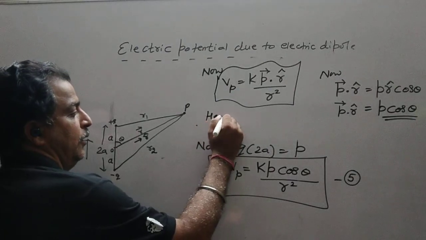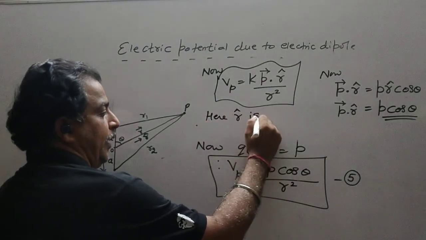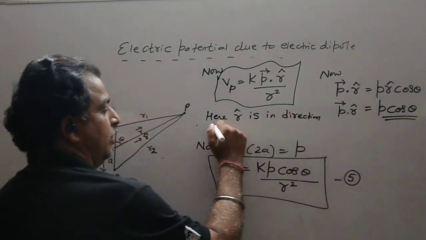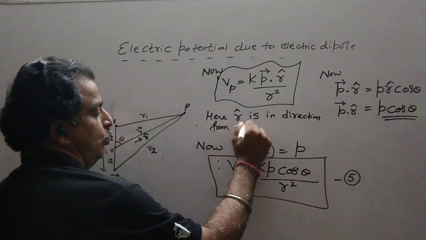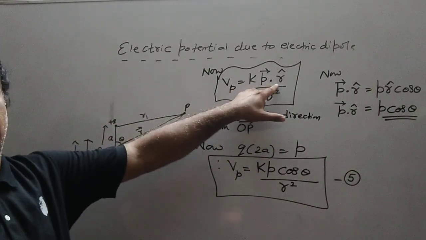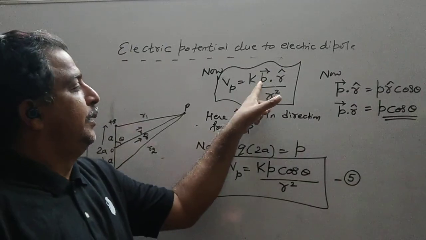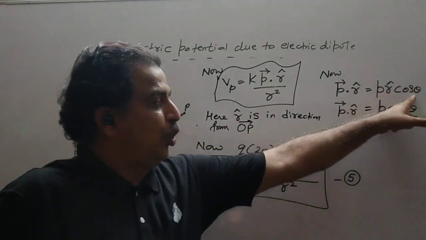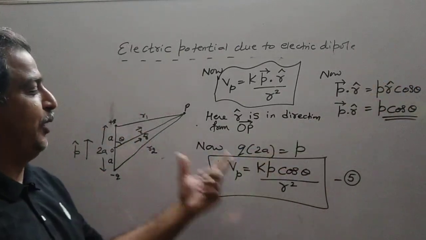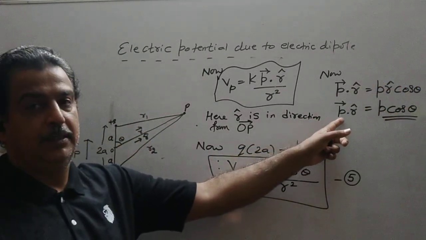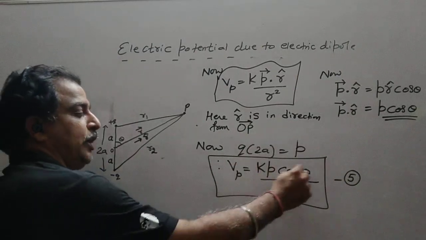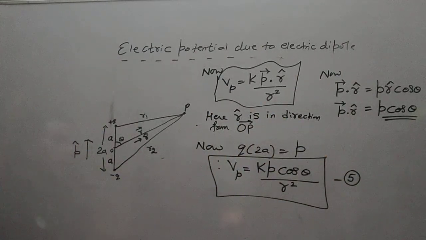Here R cap is in the direction from O to P. If I remove this dot, I will write P R cap cos theta, and theta will be read as the angle between the dipole moment and the position vector of point P. So again I come to Kp cos theta upon R square.